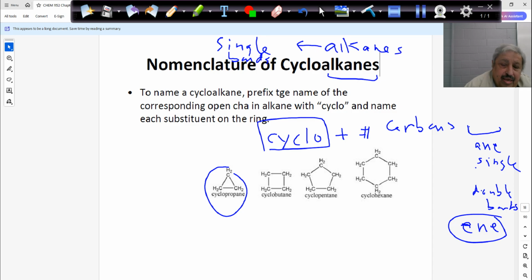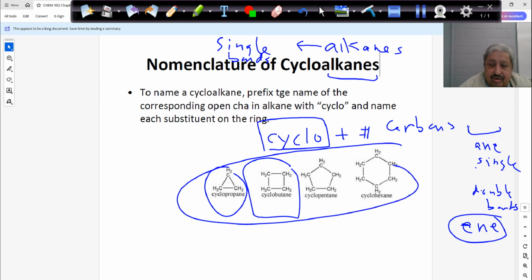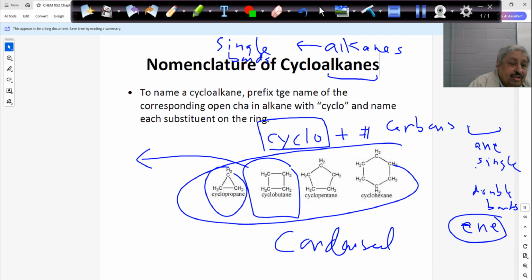So for example, I have here a nice structure. These are all condensed, not expanded. But I can sometimes write them this way for the molecular formula. I'll just put this one here, like this.